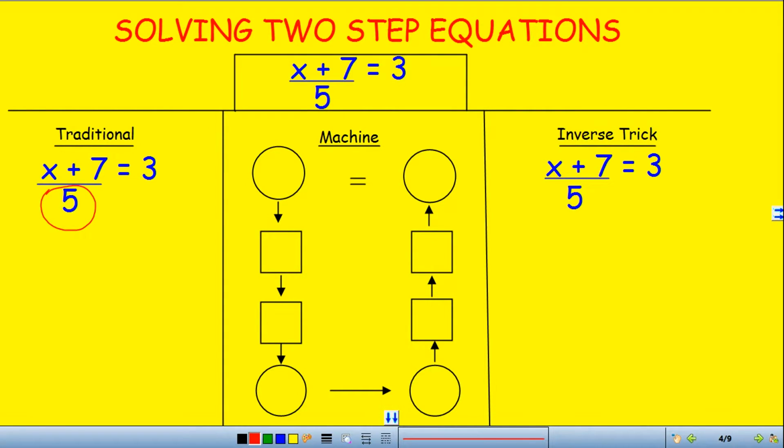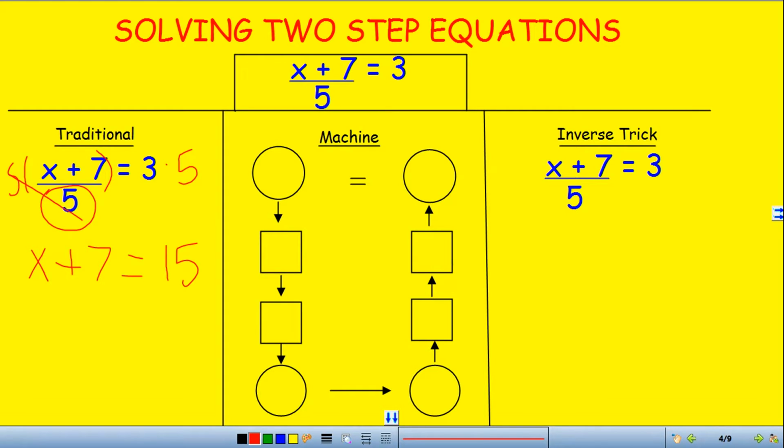So since this is x plus 7 divided by 5, I'm going to multiply both sides by 5. Remember, what you do to the left, you have to do to the right. So that cancels out my 5. I'm left with x plus 7 equals 3 times 5, which is 15.